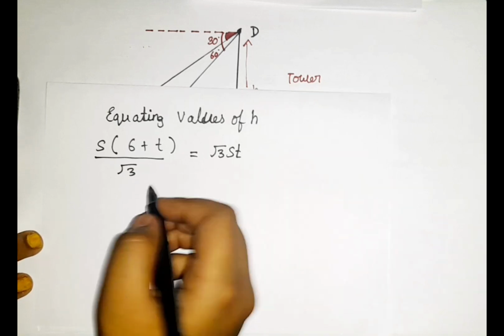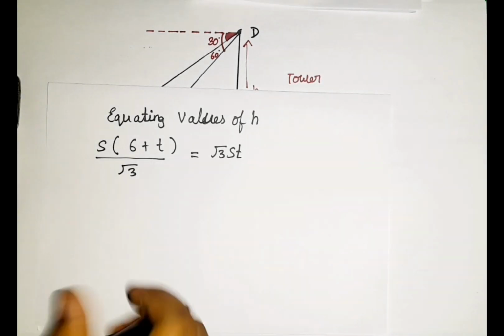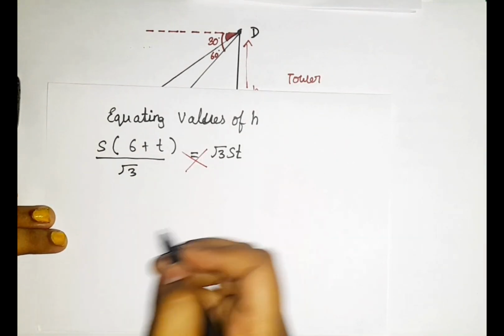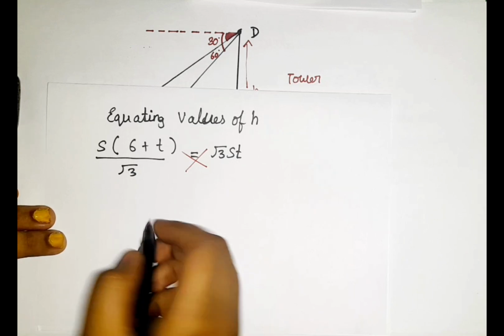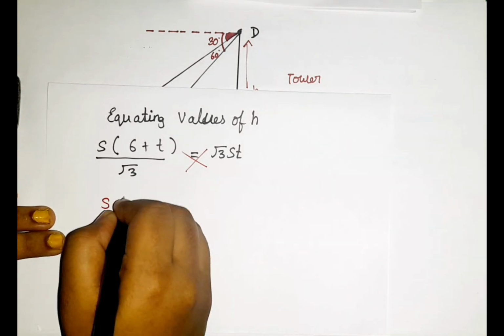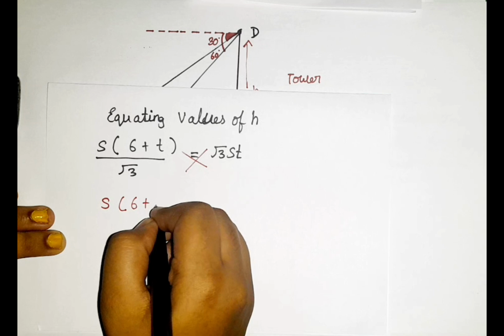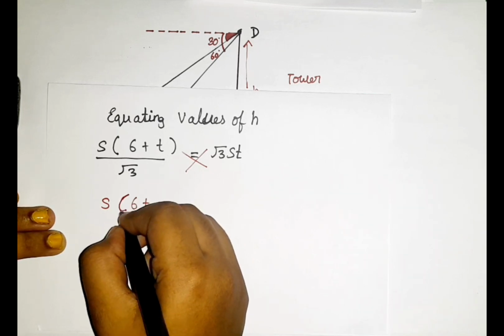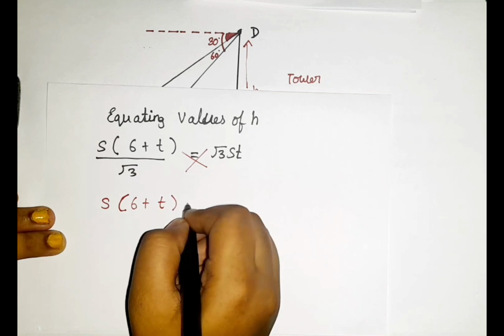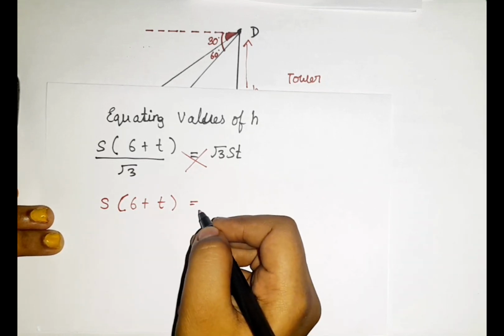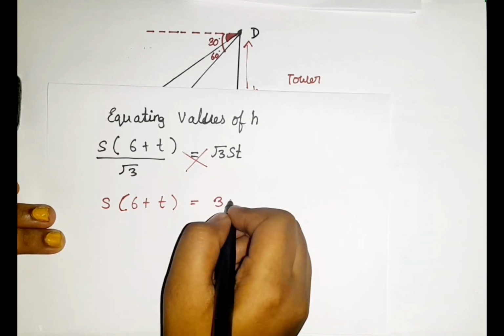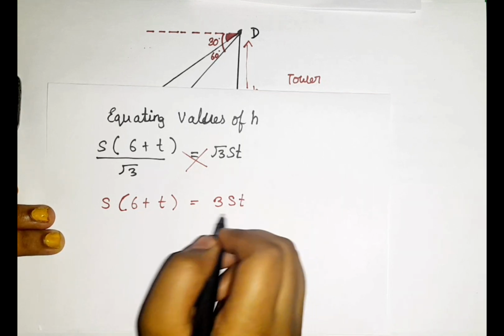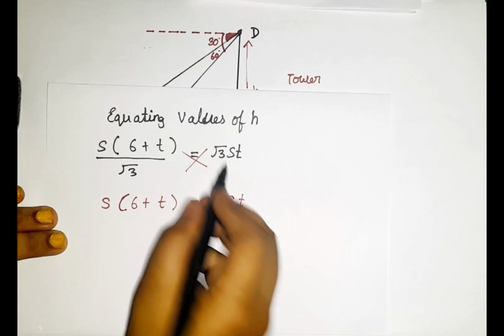So now we can cross multiply. When we cross multiply, we'll get s(6 + t) is equal to 3st. You might be wondering, root 3 into root 3 is 3.